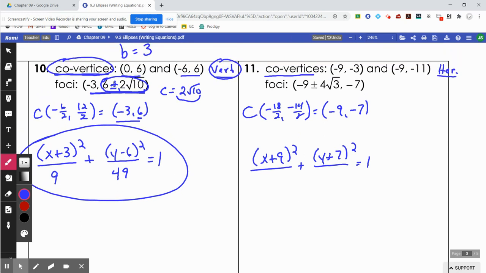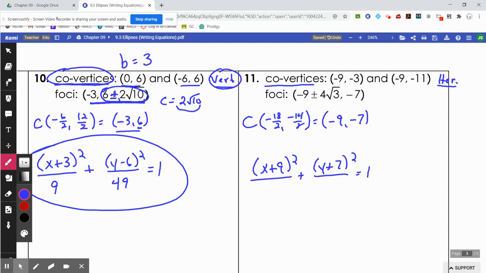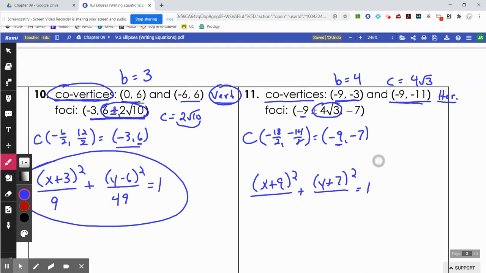Now we need a, b, and c values. Our b value will be half of this distance. The distance from -9, -3 to -9, -11 is 8, so therefore my b value is 4. My c value, again, we can pull from this. -9 is the center, so therefore the distance from there to each foci is located right here. So 4 root 3 is going to be my c value.